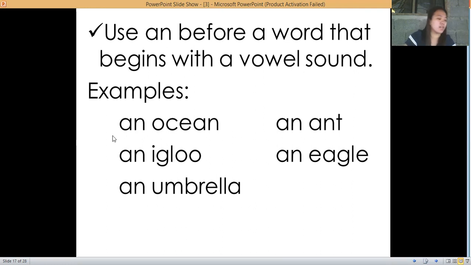So the examples are an ocean, an igloo, an umbrella, an ant, an eagle. It's easy, right? Yes, it's so easy. You learned this when you were in Kinder 1, Kinder 2, grade 1. And now, still in grade 2, I'm sure you know this already.